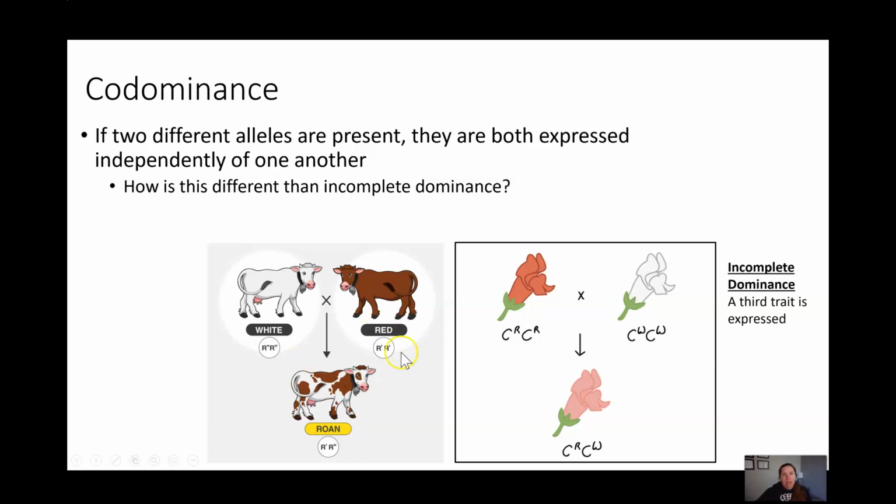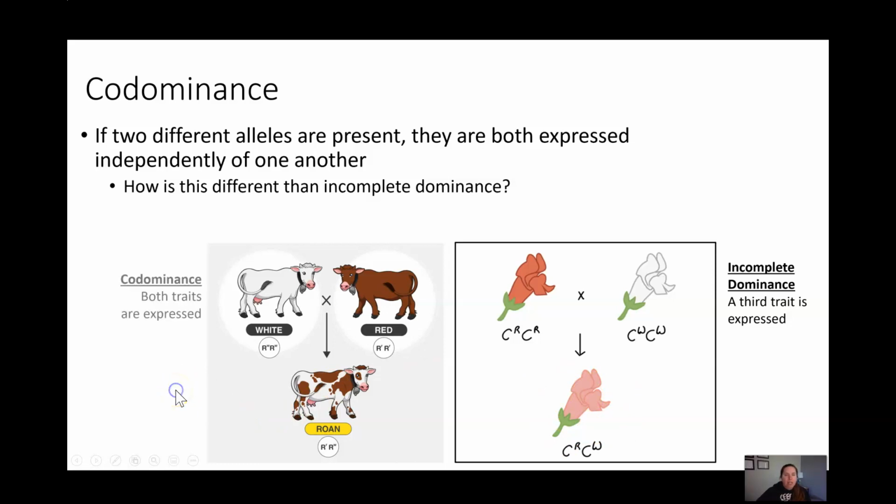In incomplete dominance, there is a third trait that is expressed. Remember, a trait is the physical manifestation of the phenotype. So the phenotype here is red, the phenotype here is white, and when we have incomplete dominance, we're actually going to get a third phenotype, a third trait. And in this case, that trait is pink.